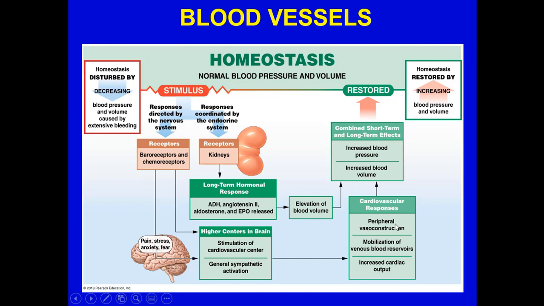And this is going to be the response by the cardiovascular system: peripheral vasoconstriction, mobilization of venous blood reservoirs, increased cardiac output. What about the kidney system? This is going to be coordinated by the endocrine system. Yes, you're going to see long-term hormonal responses, greater amounts of ADH, angiotensin II, aldosterone, and EPO released. This is going to elevate the blood volume.